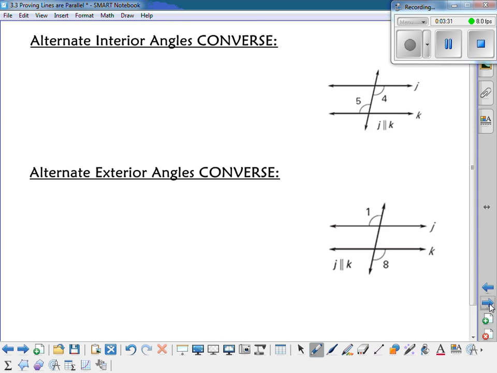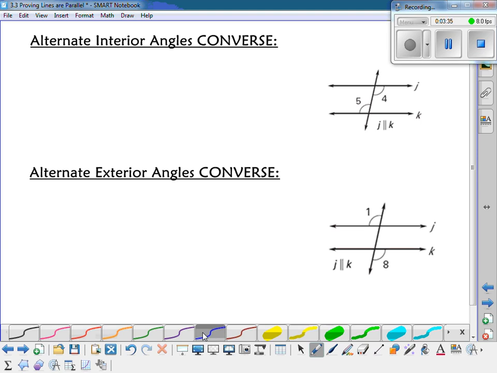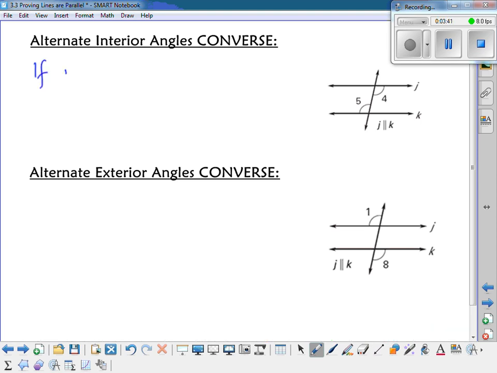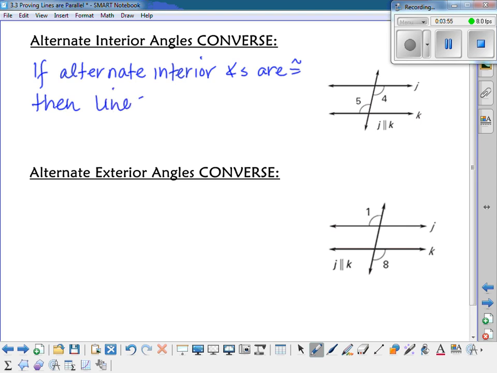We also have the alternate interior angle converse, which states that if alternate interior angles are congruent, then the lines are parallel.